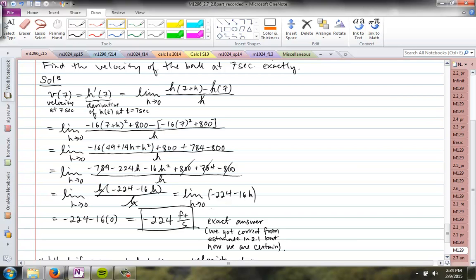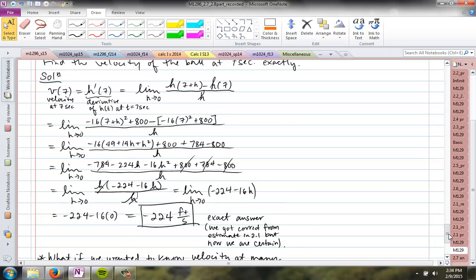Plug in h equals 0, and we get exactly negative 224 feet per second, which was pretty close to what we estimated. Actually, I think that's exactly what we estimated. But now we know exactly at t equals 7 seconds that that was the exact velocity, and we're certain about it.